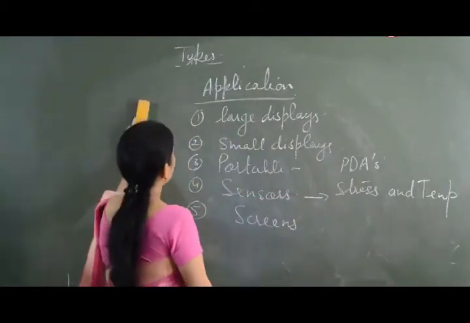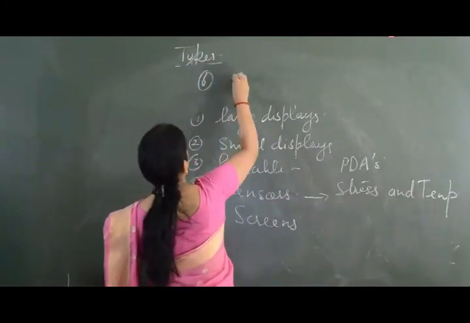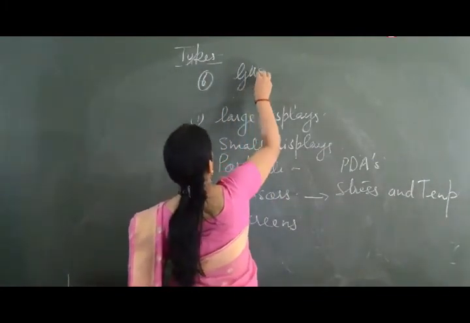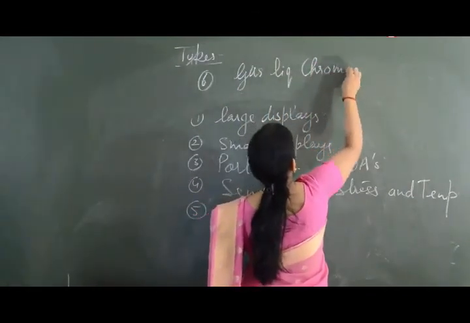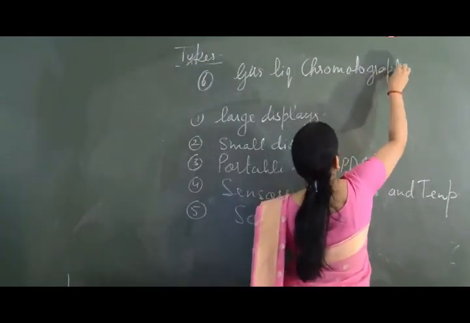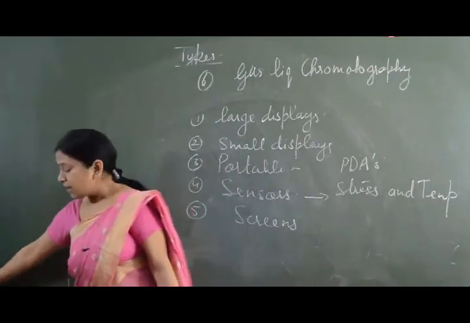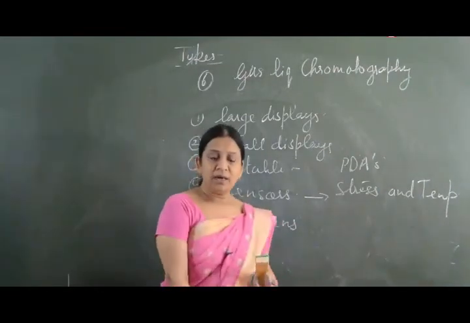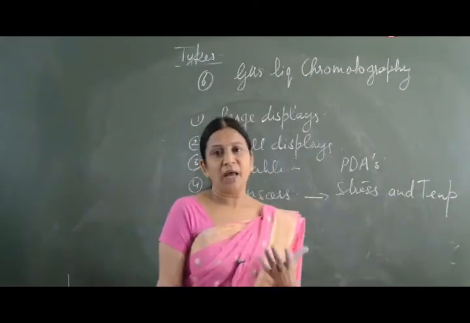Then the other uses of liquid crystals: they are used in gas liquid chromatography, because the properties of liquid crystals are in between solids and liquids, and they have better electrical and mechanical properties.